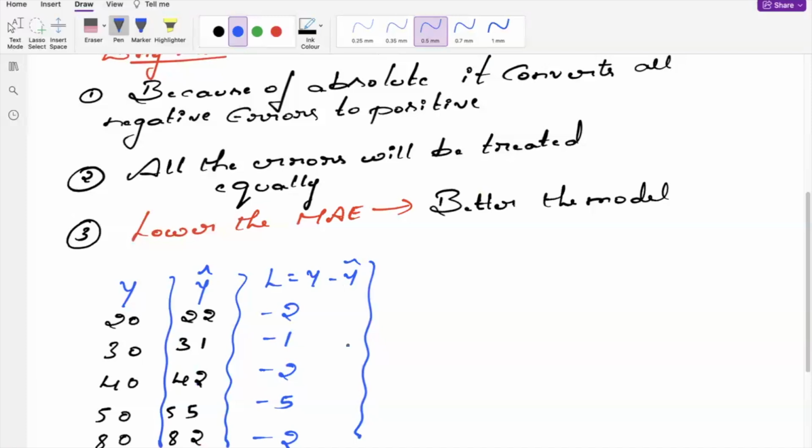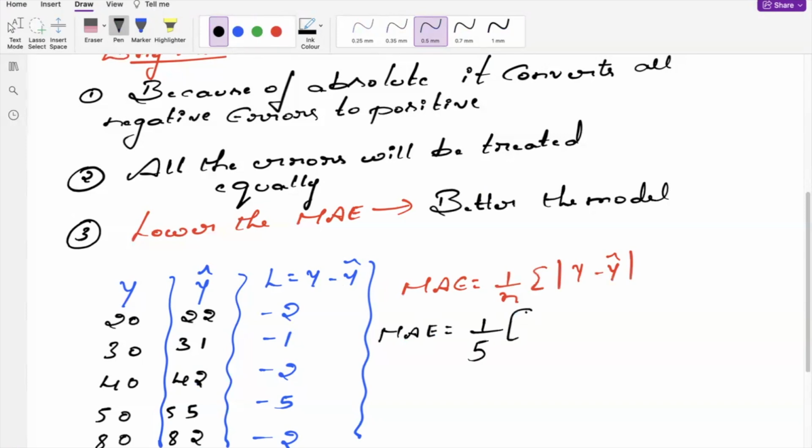Once you get the loss, you can calculate MAE. We know the formula: 1 by n, summation of the absolute difference between actual minus predicted. I've already found actual minus predicted, so you can just substitute. MAE is 1 over 5, since there are 5 observations, times modulo of minus 2 plus modulo of minus 1 plus modulo of minus 2 plus modulo of minus 5 plus modulo of minus 2.